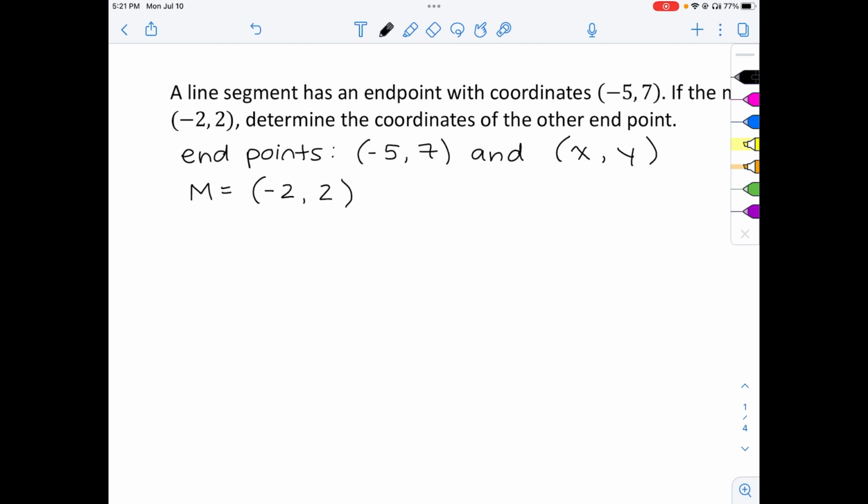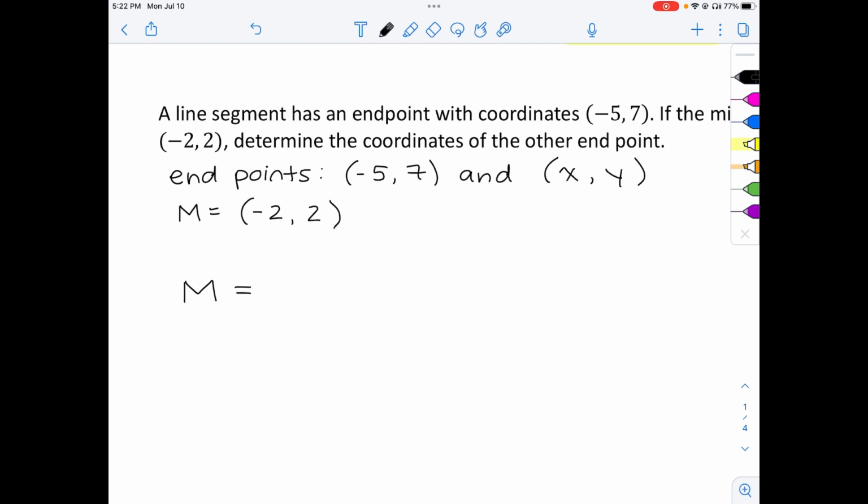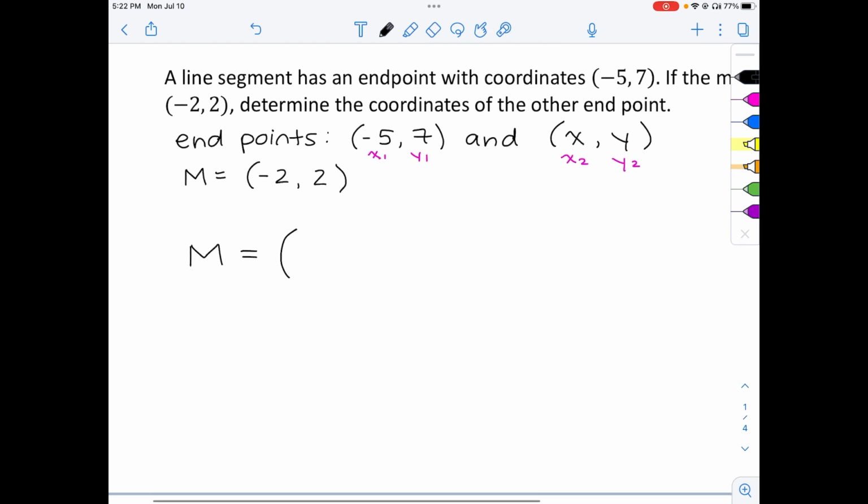Okay, so what I'm going to do is I'm going to set up my midpoint formula as usual. The only thing that's different here is that my x2, y2 point, I don't know actual numbers for it, so I'm going to just put in x and y. Okay, so I'll show here, this will be my x1, y1, x2, y2, just so that you can see where I'm getting my numbers from my formula.